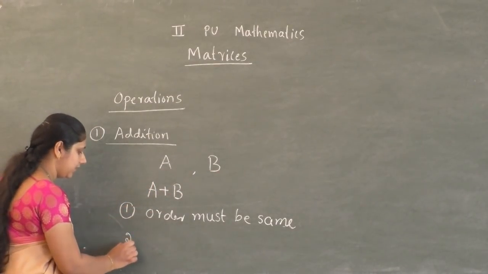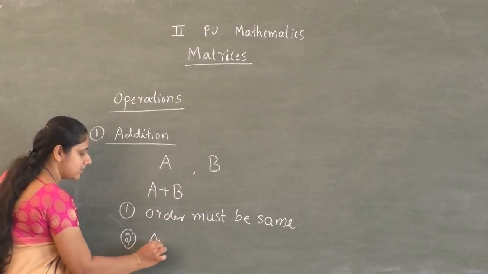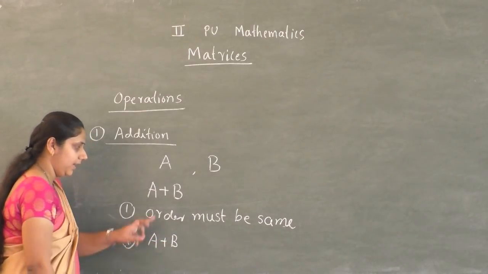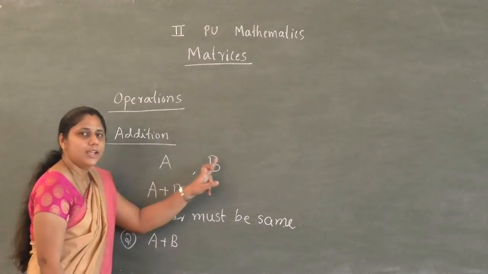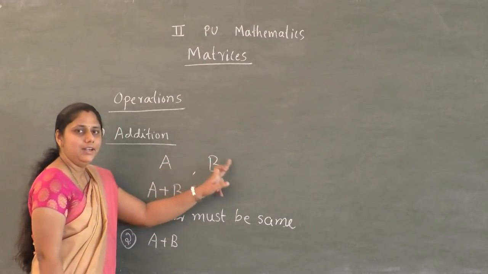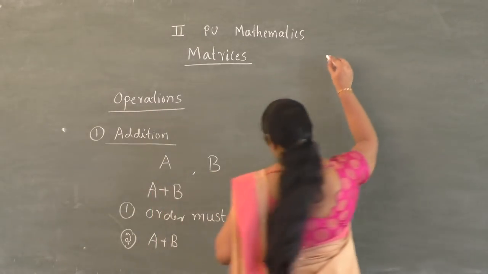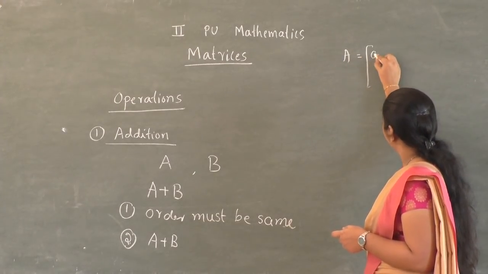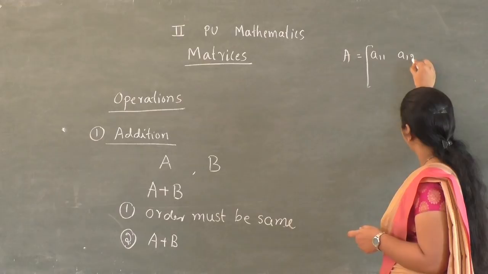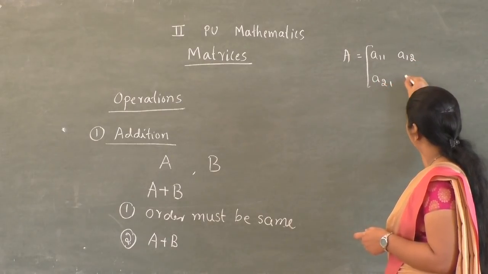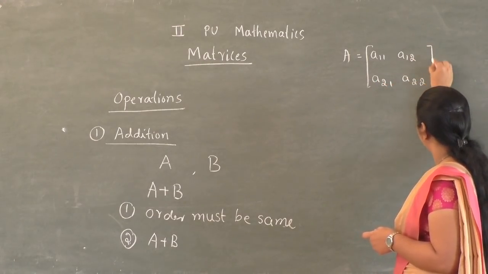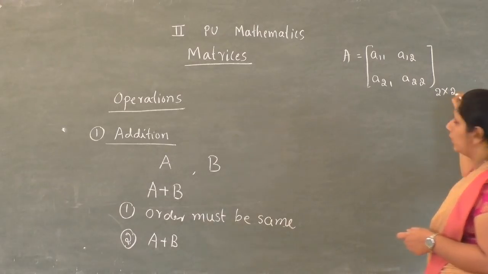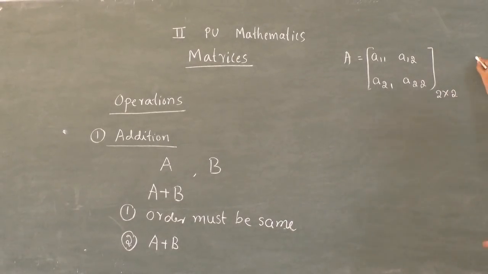The second condition is that A plus B is obtained by adding corresponding elements of A and B. That is, if A is equal to A11, A12, A21, A22, that is a 2 cross 2 matrix.